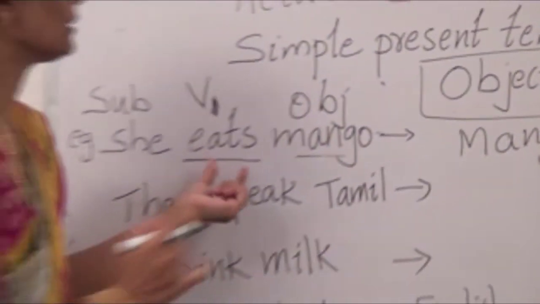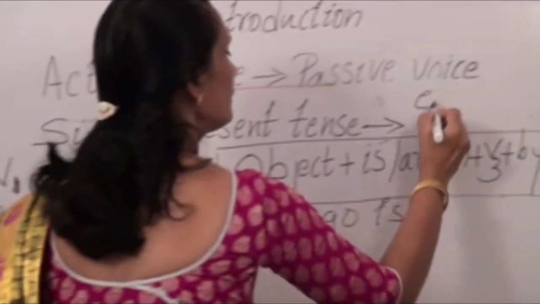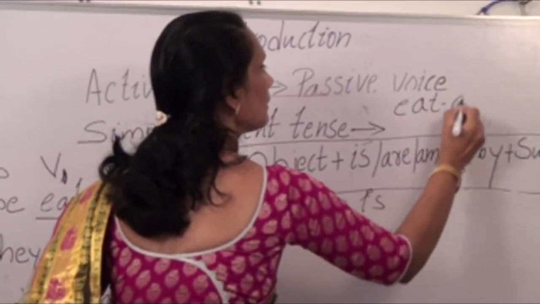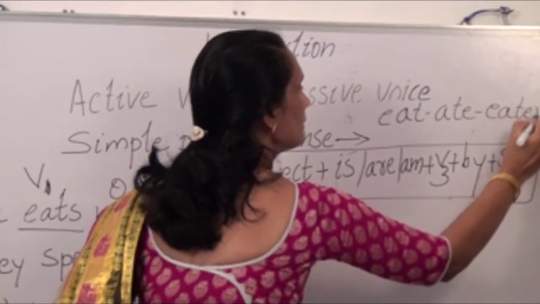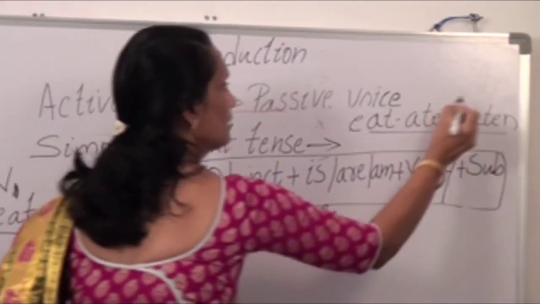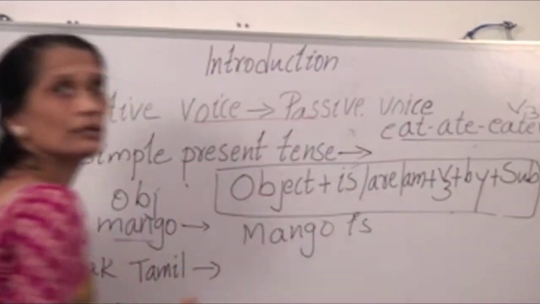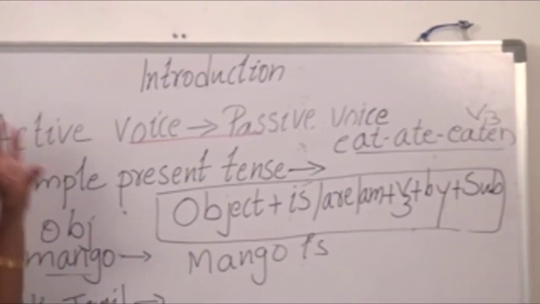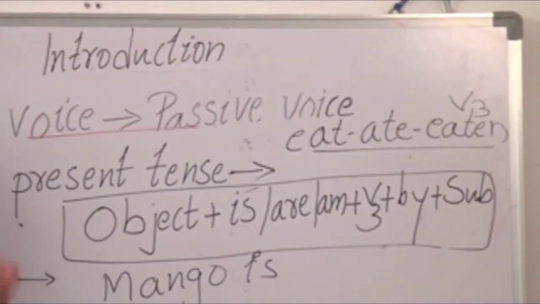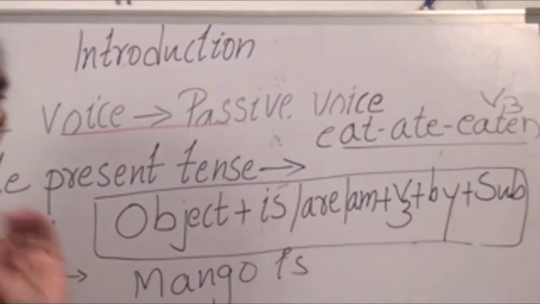Next one is V3. V3 of which verb? Eat, ate, eaten. What is the V3 form? Eaten is the V3 form. In passive voice we always have to write the V3 form only.